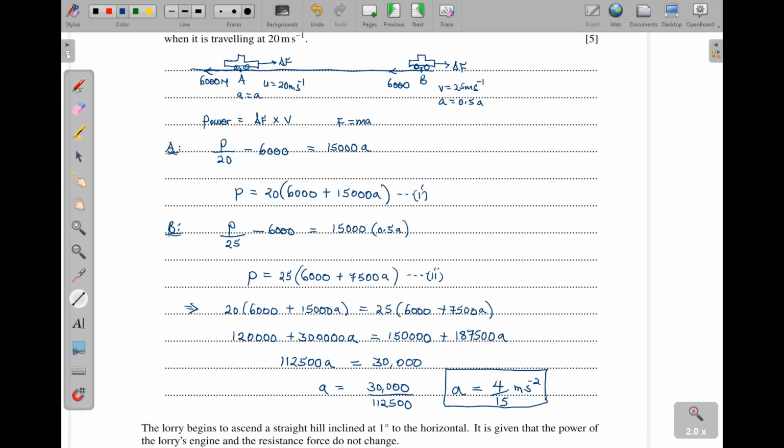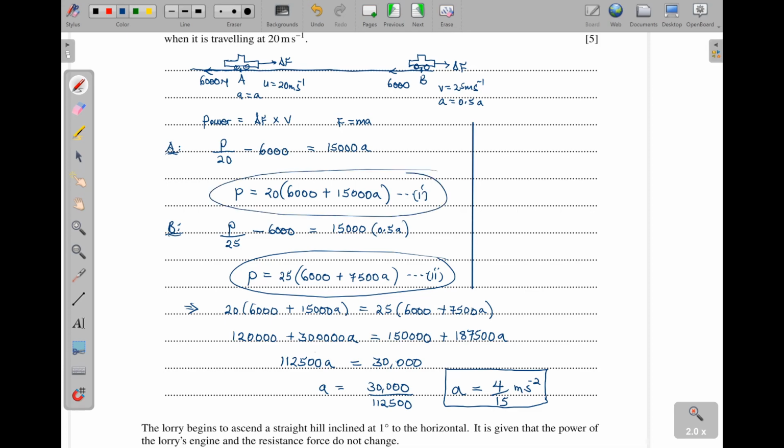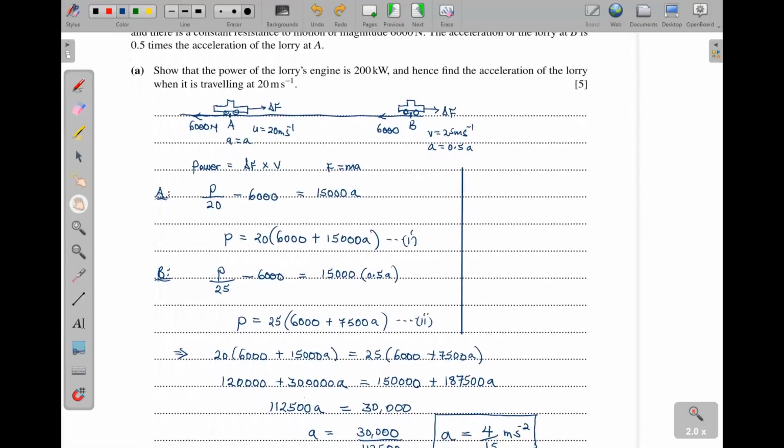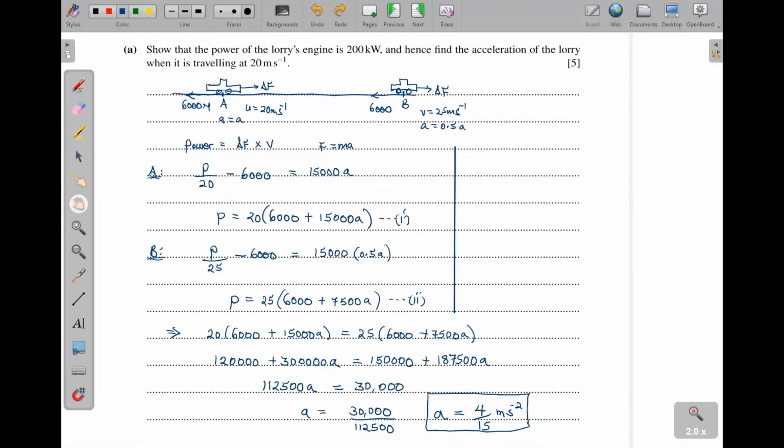And then next is to find the power. I can substitute in any of these ones, either this one or this one here, because they say to show that the power of the lorry's engine is 200 kilowatts.